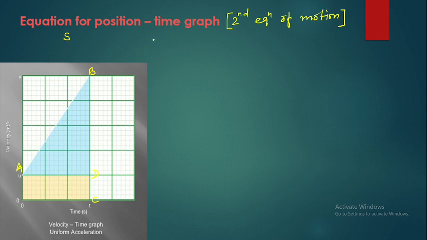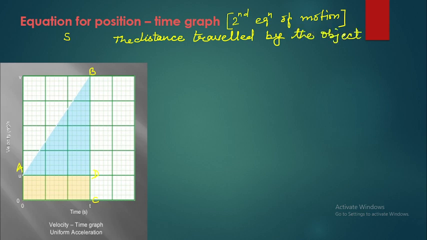The distance traveled by the object is given by S is equal to the area under OABC.